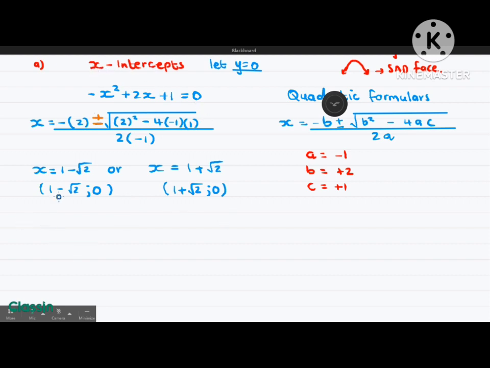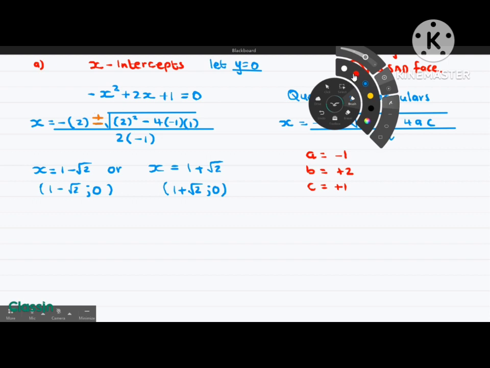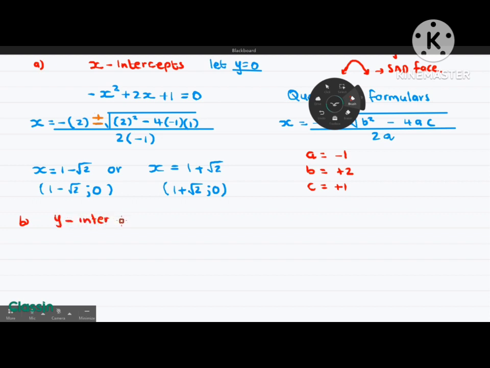Now, the second question says determine the y-intercept. When we determine the y-intercept, remember we said you must let x equal 0. So we must make our x to be 0.